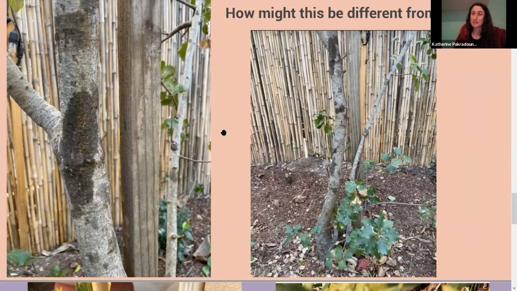This is still quite a young tree, in my opinion. It doesn't have enough tree mass for it to make those galleries and really take advantage of the tree. So it's unlikely, not impossible, but unlikely that this is a shot hole borer. The other thing that tells me this is likely not the shot hole borer specifically is that the coast live oak doesn't usually get attacked at the trunk with shot hole borer, its limbs get attacked.